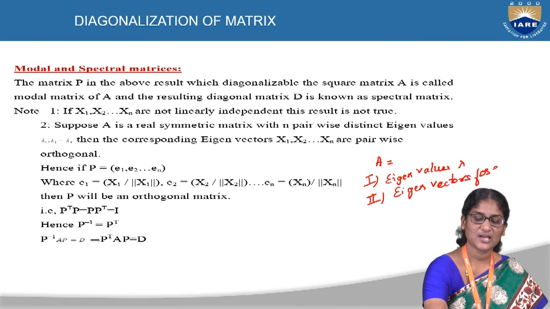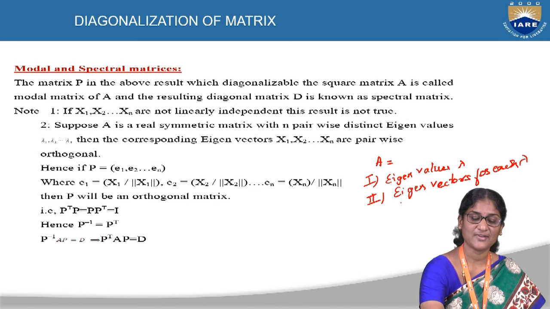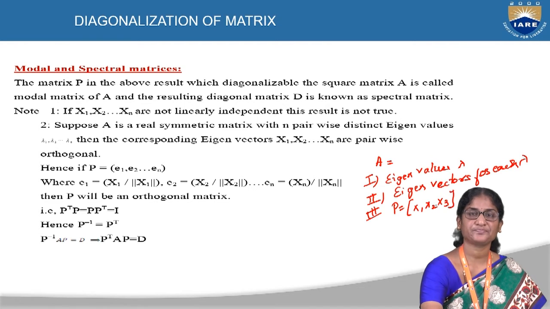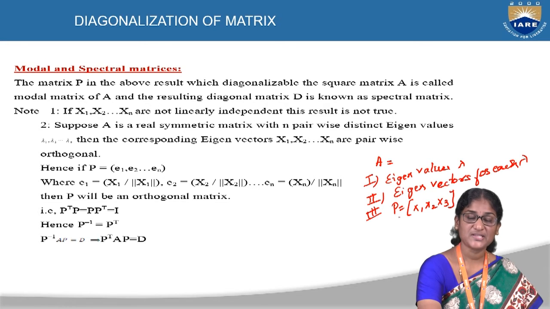After finding the eigenvectors, you take the set of eigenvectors as a matrix P. Suppose A is a 3 into 3 matrix, then my modal matrix is given by P is equal to x1, x2, x3.